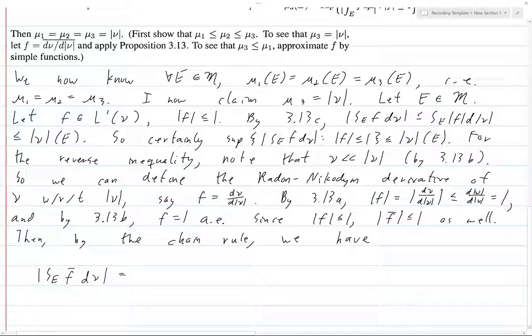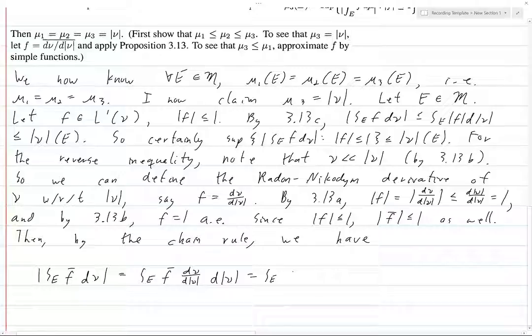If we calculate this, we write the integral over e of f conjugate times d nu over d total variation of nu, and since we're integrating with respect to a positive measure now, I'm not going to write the absolute values on the outside. Actually, that's not the best way to write this out.